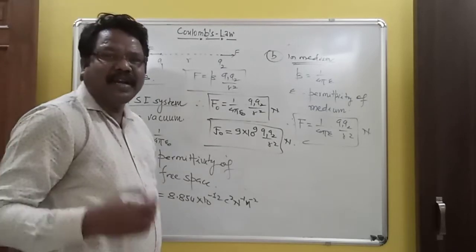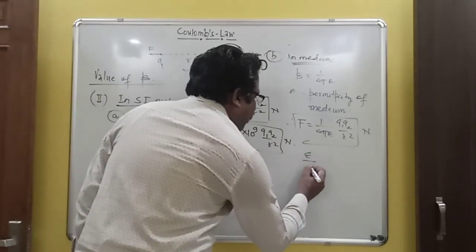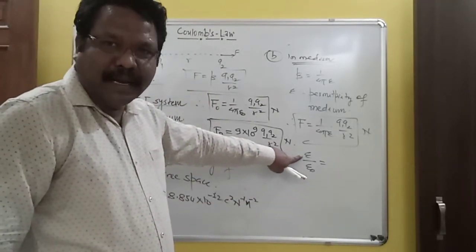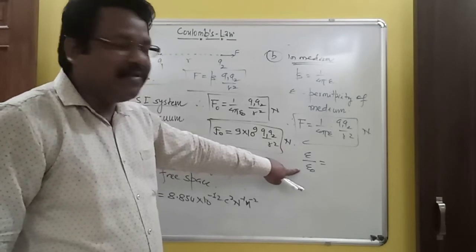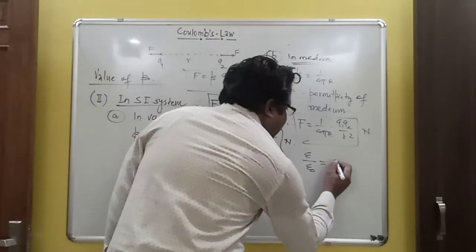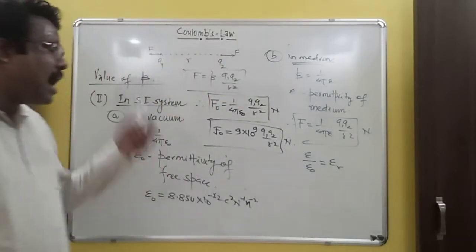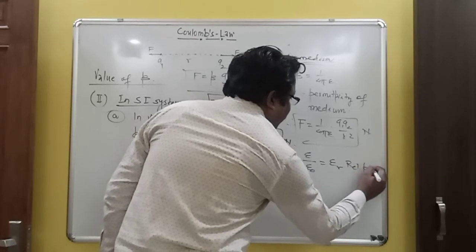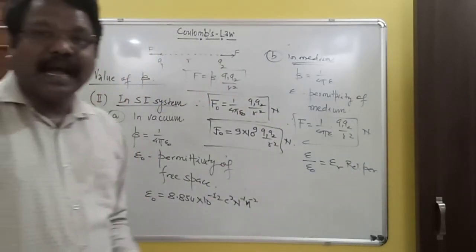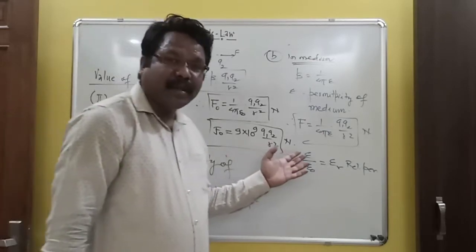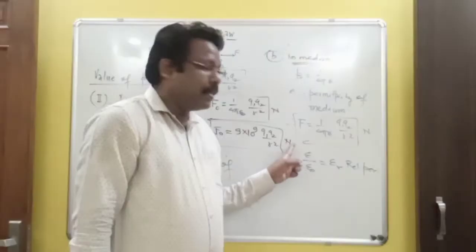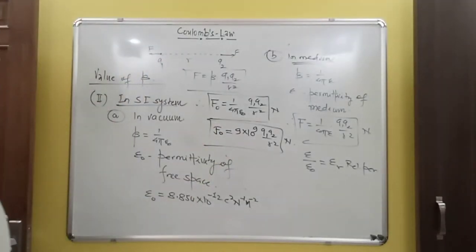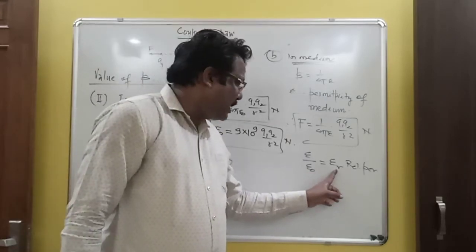Further, we define epsilon upon epsilon naught, the permittivity of medium upon the permittivity of vacuum, as relative permittivity epsilon R. It is dimensionless, unitless, because it is a ratio of the permittivity of medium to the permittivity of vacuum.